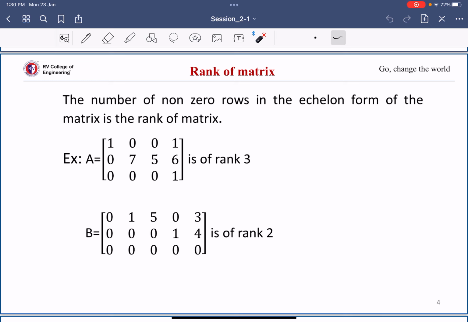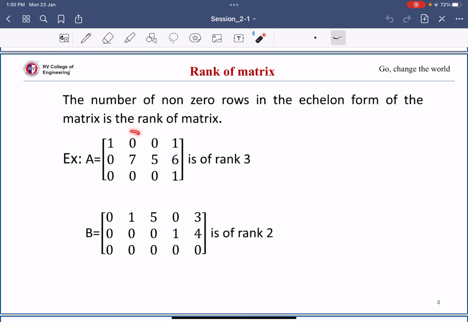The resultant matrix which we obtain must be either in row echelon form or RREF.